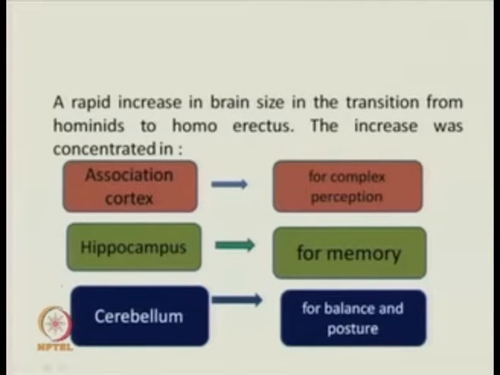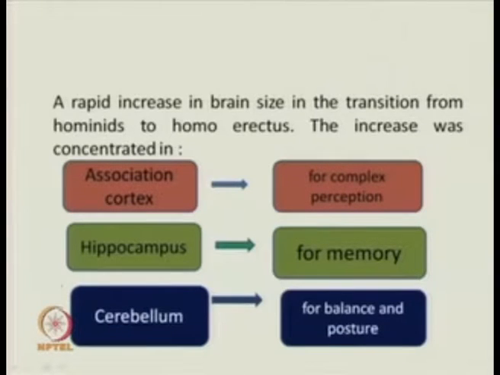An increase in the site of the hippocampus, which is responsible for memory, increased our capacity for memory. And finally the cerebellum: an increase in this site also gave us balance and posture. Now if you look at the story very carefully, balance and posture are required for bipedalism, or standing on two feet.